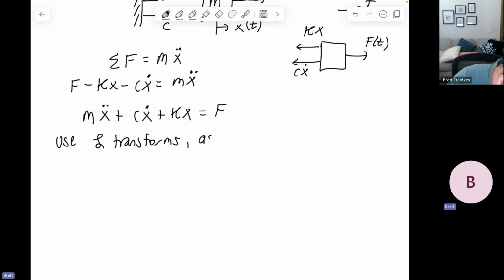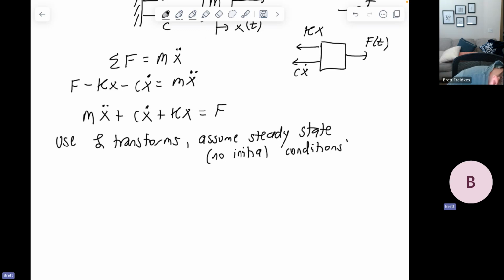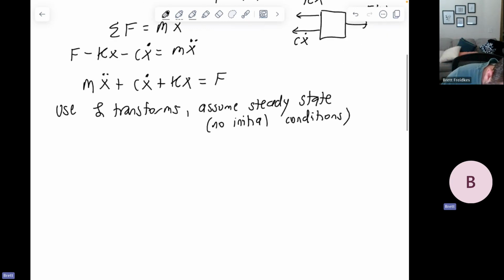But if we assume steady state, which means we're going to neglect any initial conditions, meaning no initial conditions, our Laplace transforms are pretty easy. So I'll just make a table real quick, because remember, we're going from the time domain to the s domain, or the frequency domain.